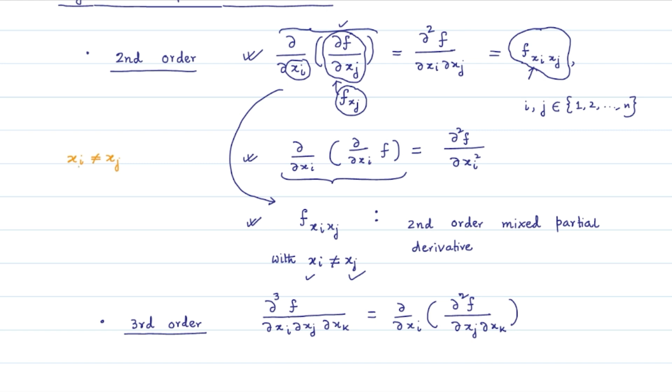After choosing these xi and xj out of x1, x2 till xn, which are the variables of the function f, let us suppose we have calculated the partial derivative of the function f with respect to the variable xj first and then with respect to the variable xi. Then we go for calculating the second order mixed partial derivative by interchanging the order of xj and xi.